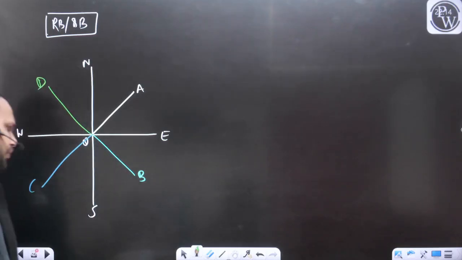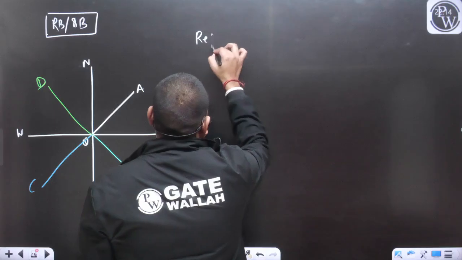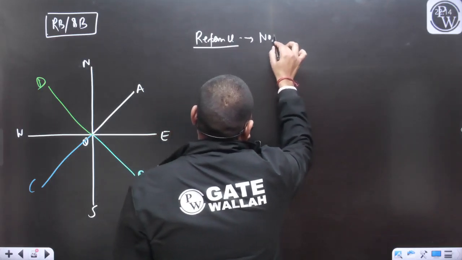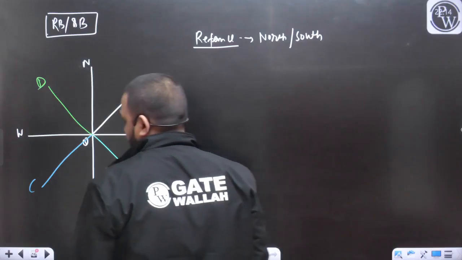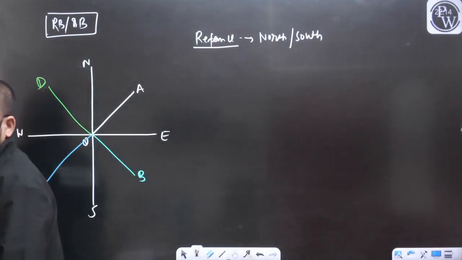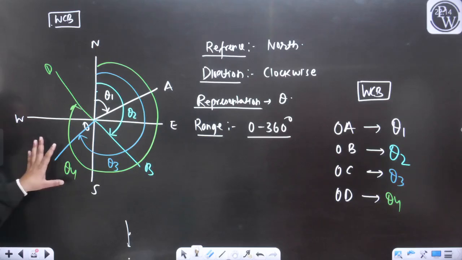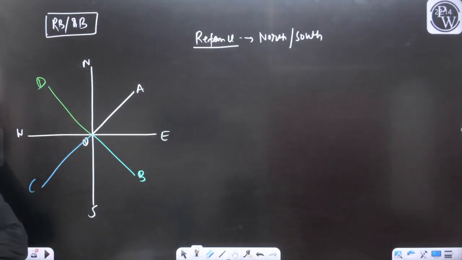So in the case of RB or QB system, the first point from where we are going to measure this angle, the reference may be north and reference may be south. Same lines are there that we have considered earlier.